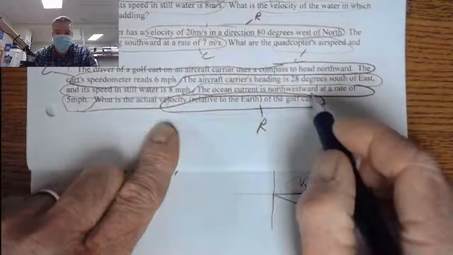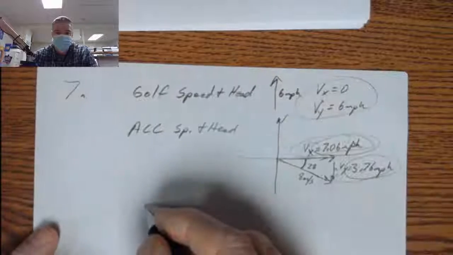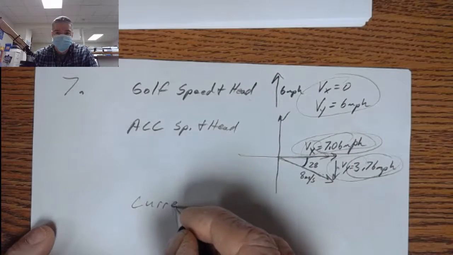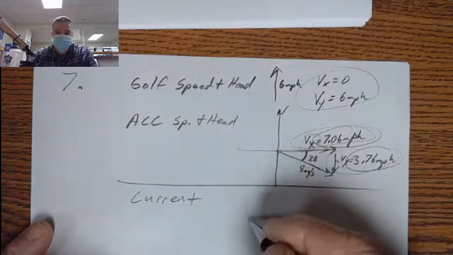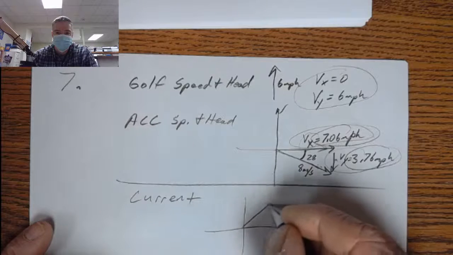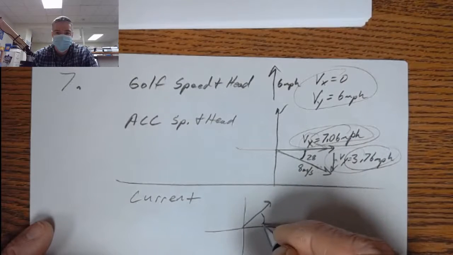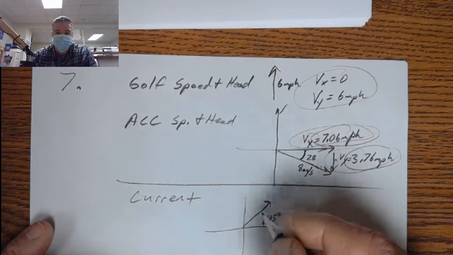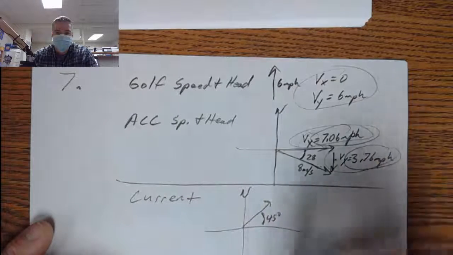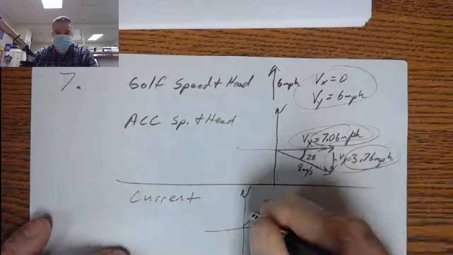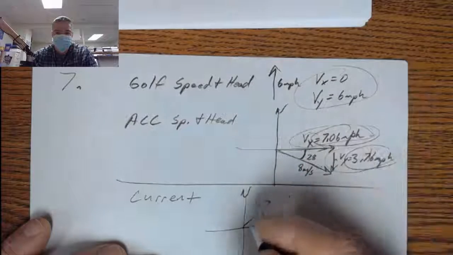Third, the ocean current is northwestward at a rate of 5 miles per hour. So now the ocean current is that. And I know this is 45 degrees if this is northwestward. It's like this.